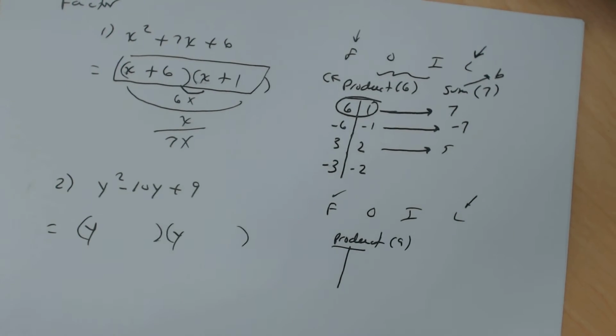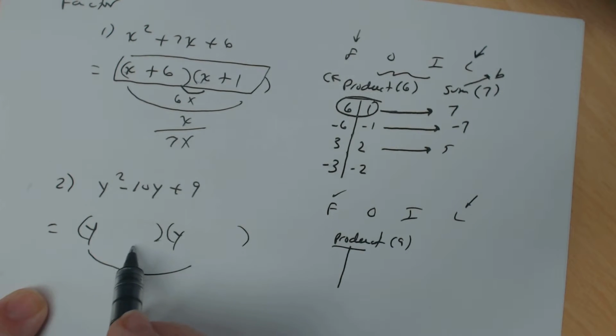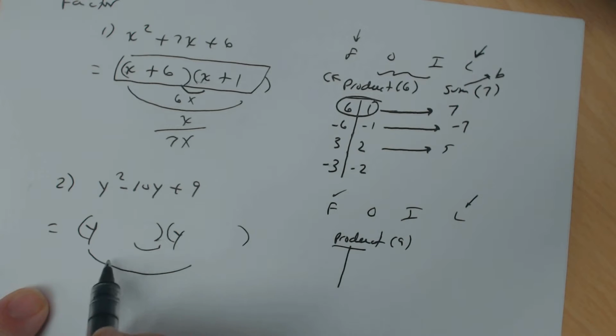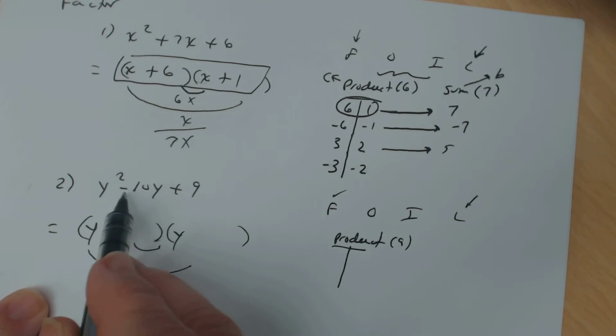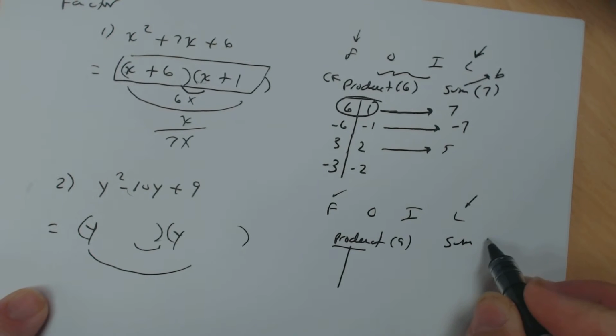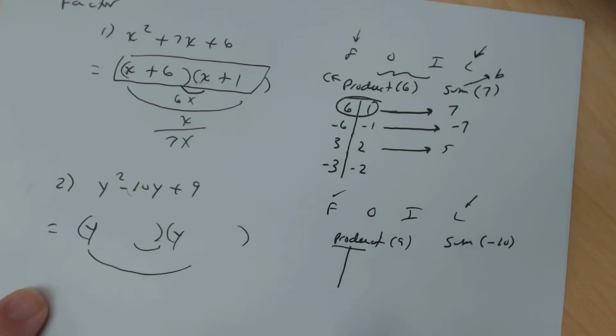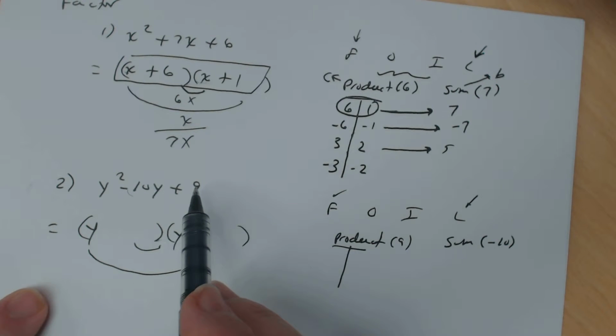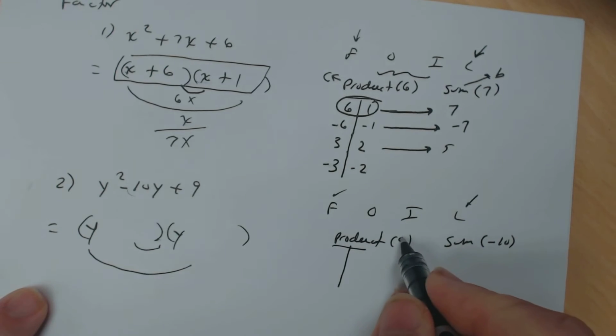And remember, whatever I put here, I want to look at the outer and the inner. I want the outer and the inner to add to be a negative 10. So I want the sum to be negative 10, which is B. So the product is this constant, 9.